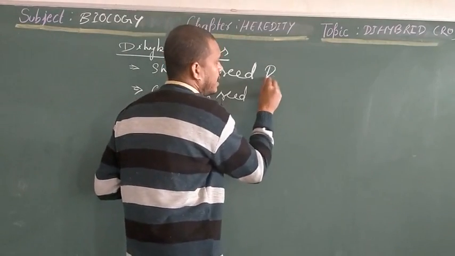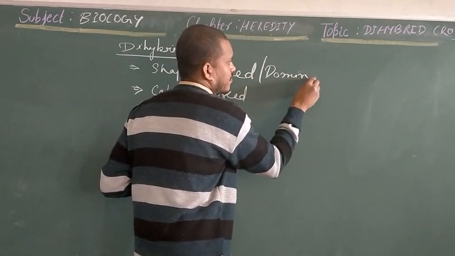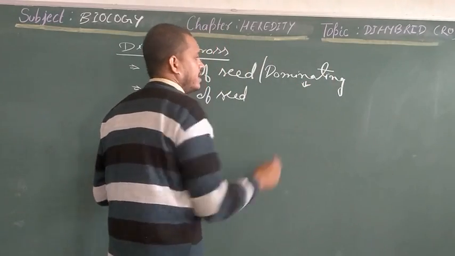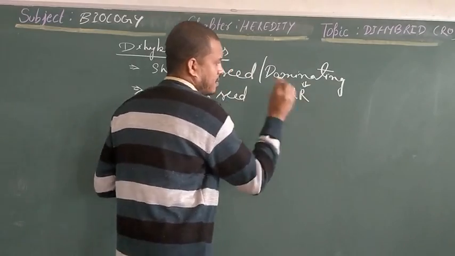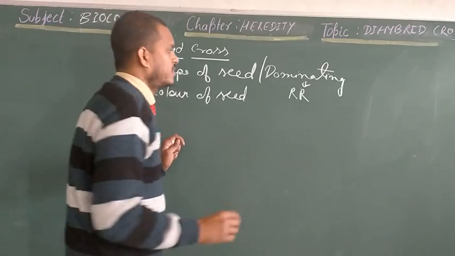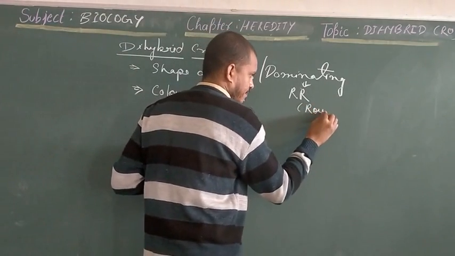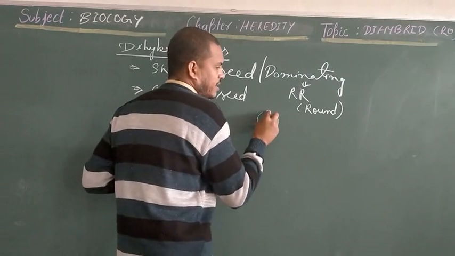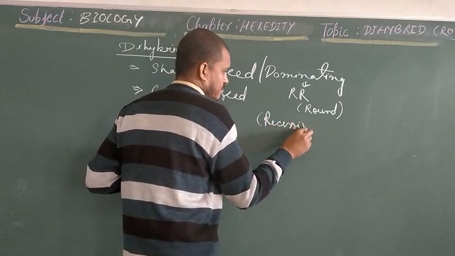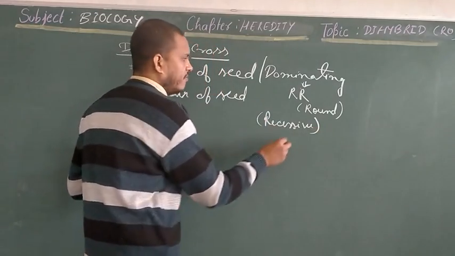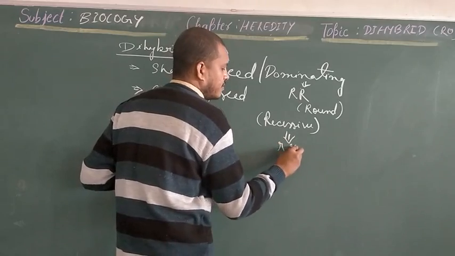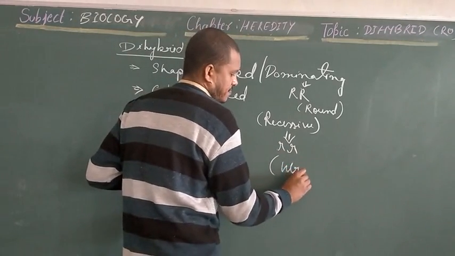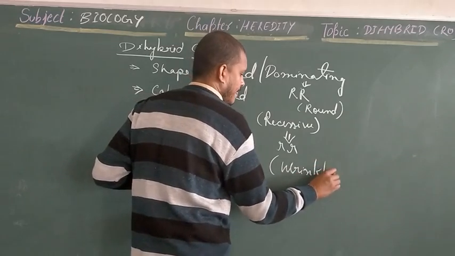In this case, the dominant trait is represented by capital R, which stands for round, and the recessive trait is small r, which stands for wrinkled.